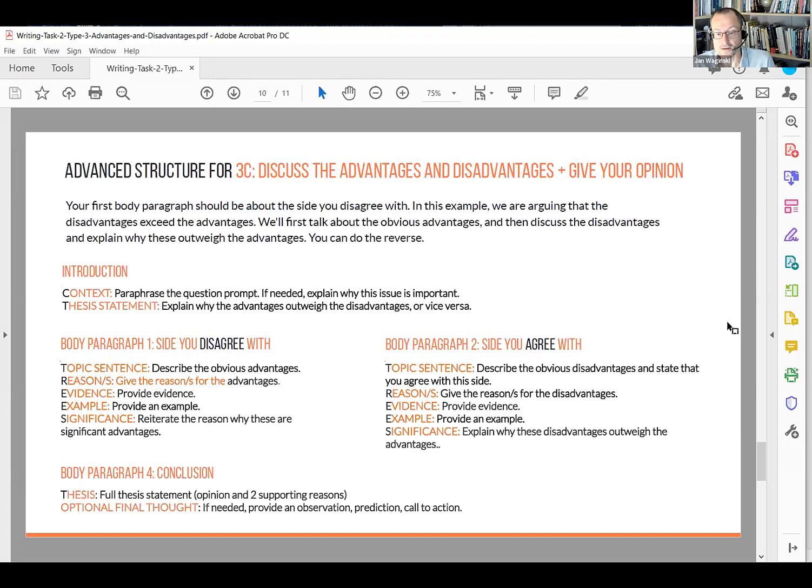I would say the disadvantages of part-time work, the fact that it detracts from their schoolwork, the fact that it takes away study time is the biggest disadvantage of part-time jobs for kids, and it far exceeds the advantages.